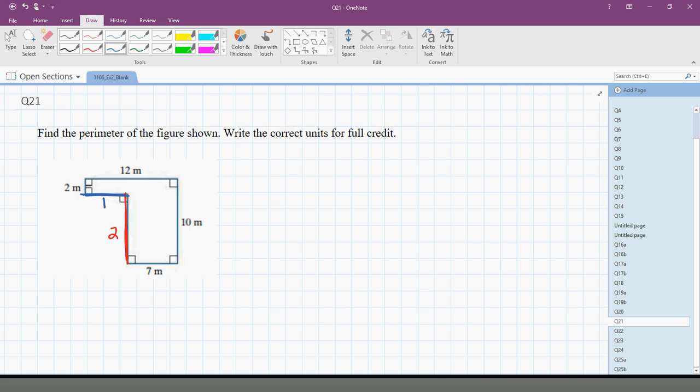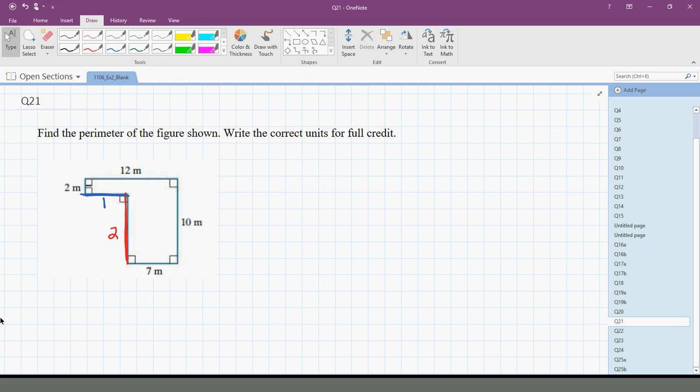All right, side 1. So how am I going to find that missing length? Well, we add 2 plus 7. So this 2 and that 7 down there, that's not going to help us. Well, maybe one of them could help us for side 1. Which one would help us, the 2 or the 7?